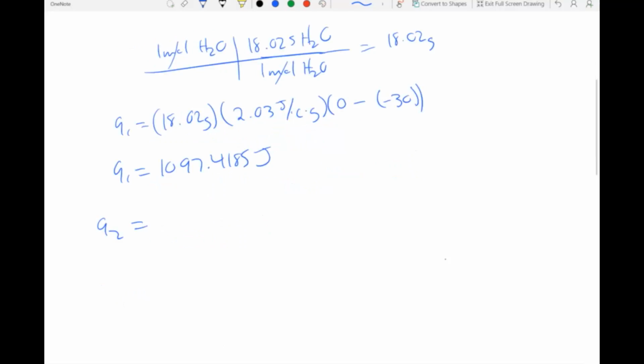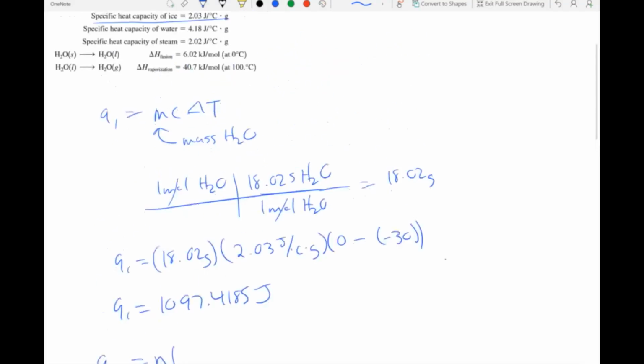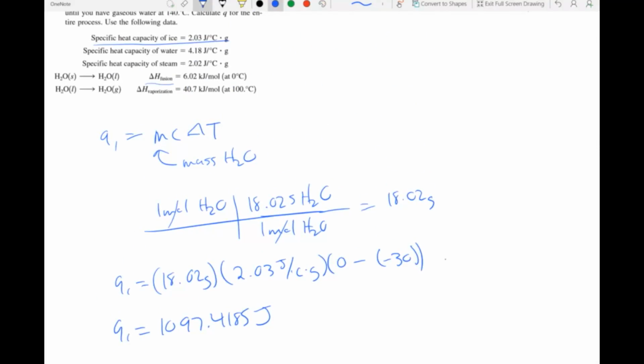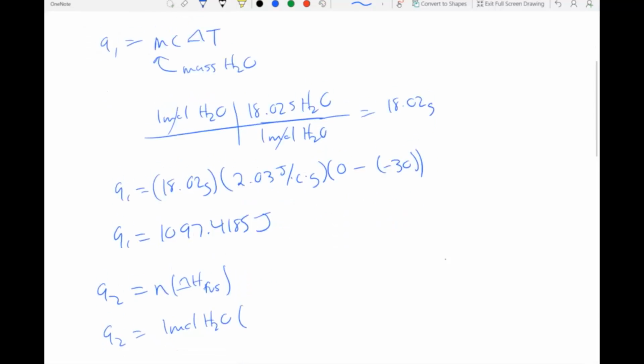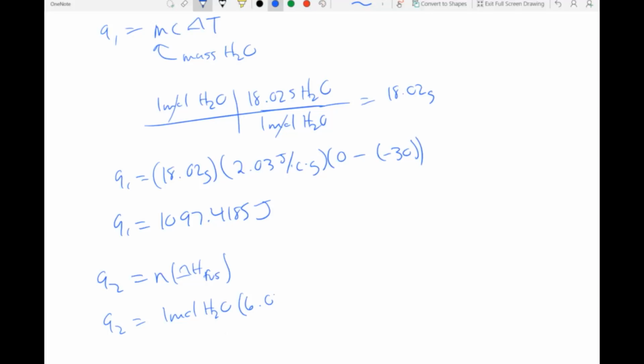Okay, and Q2, so now we're going to have to switch equations since we're undergoing a phase change. For this one, you're going to use moles times delta H of fusion, because we're going from a solid form to liquid form. So Q2 is going to equal moles, which is given to us in the problem statement, times 6.02 kilojoules per mole.